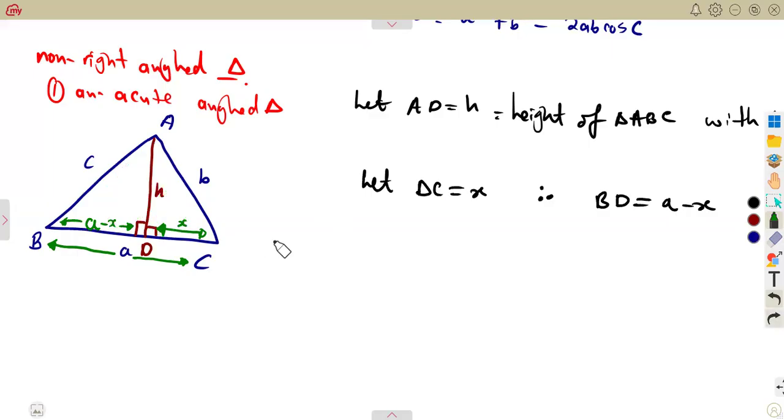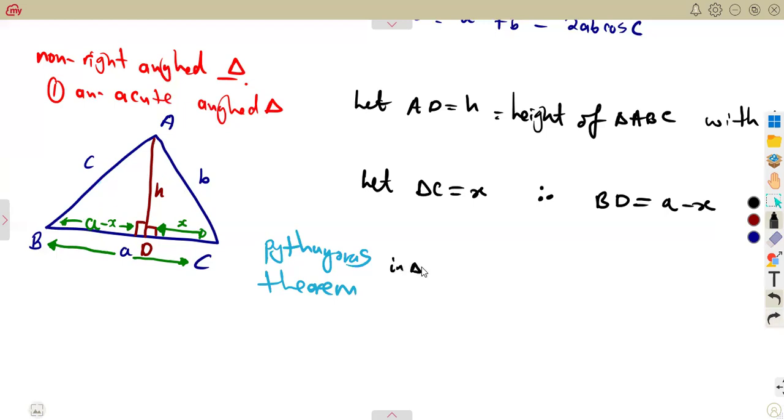Let us use the Pythagoras theorem. We are going to take triangle ABD.